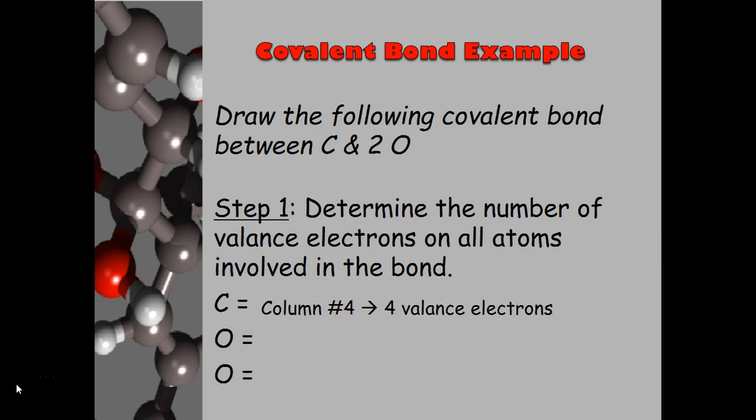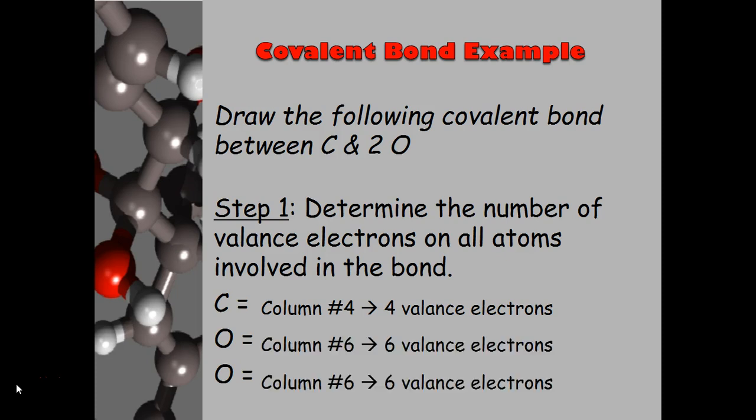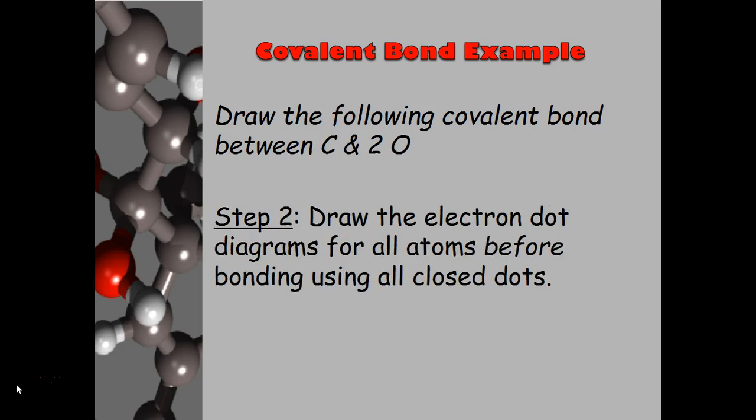So carbon we just dealt with in the previous example, so column 4, 4 valence electrons. Oxygen ends up in column 6. I've got 2 of them in this particular example, and so those oxygens each have 6 valence electrons. So before anything happens, there's my carbon again, and my oxygens end up looking something similar to this.